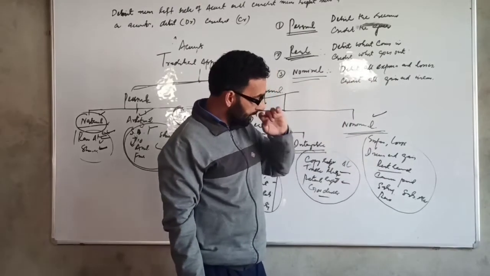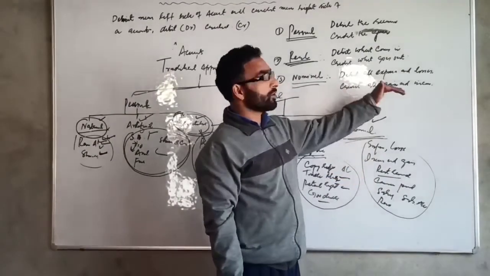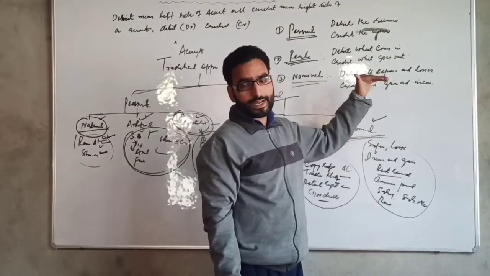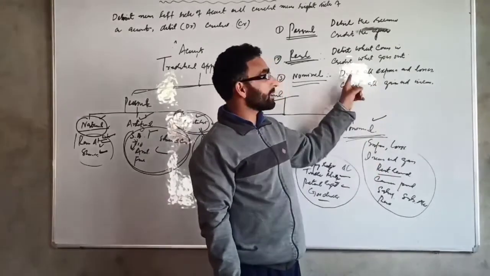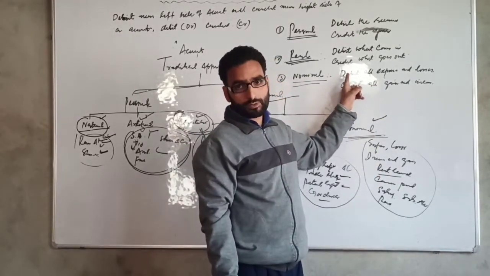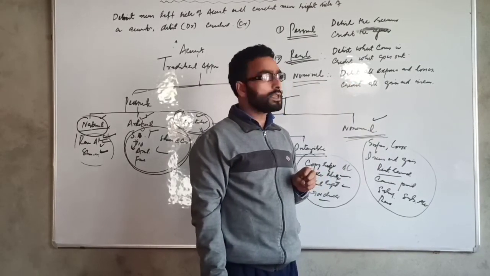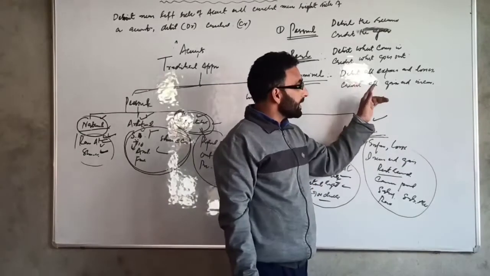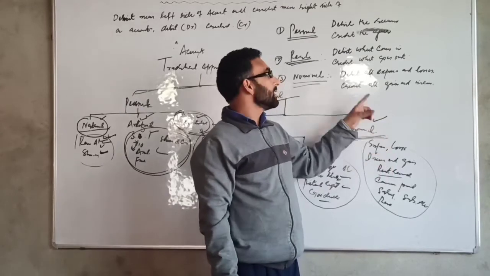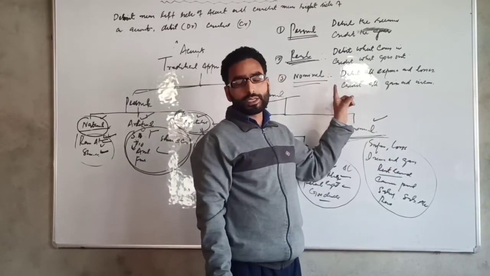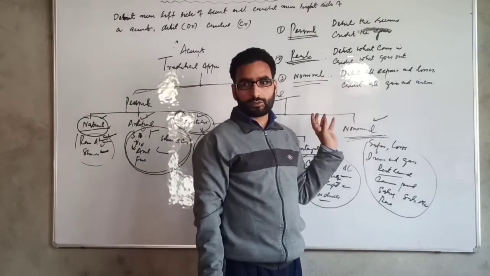Suppose, let me show here, when the commission is paid, that means money is going out from the business. That is expense or loss to the business. So it is written in the debit side, left hand side of the commission account. When the commission is received by the business, that means it is gain to the business. So it is written in the right hand side, that is credit side of the commission account.